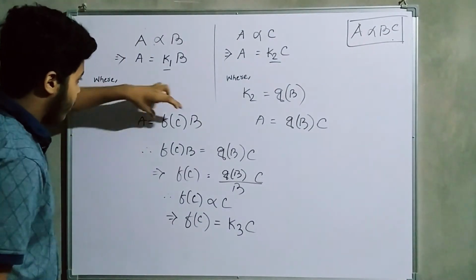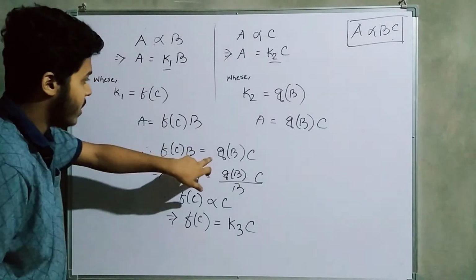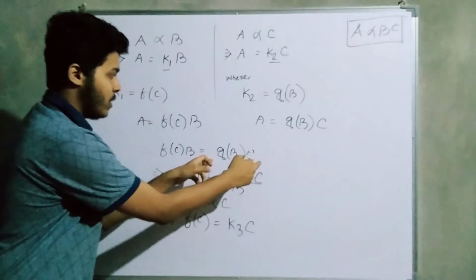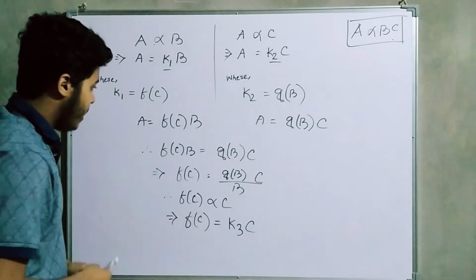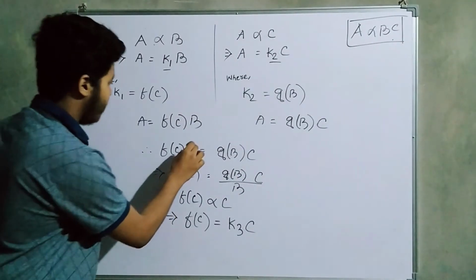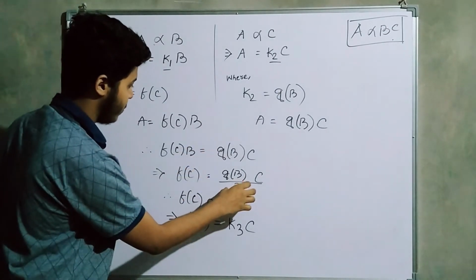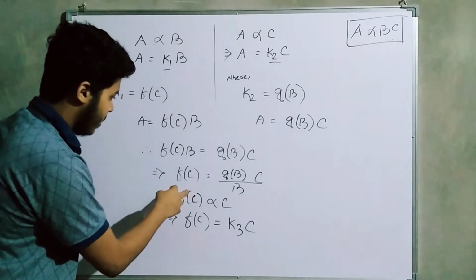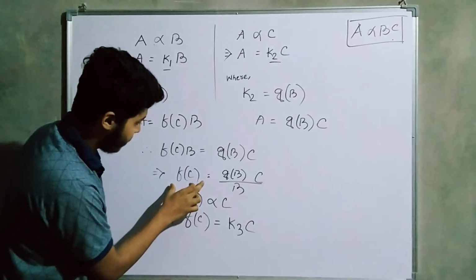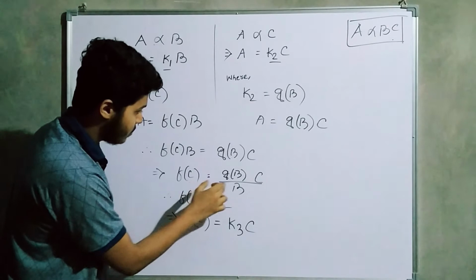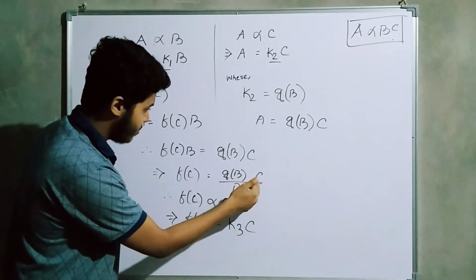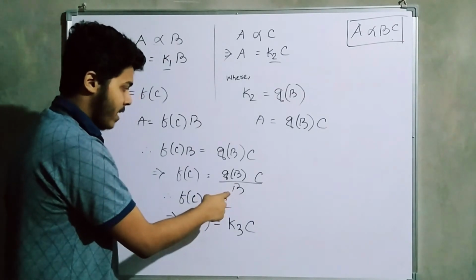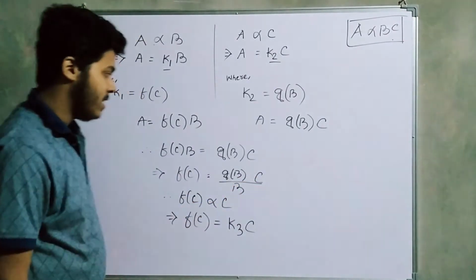Okay, so f of C times B equals G of B times C, because they both are equal to A, so they are also equal to each other. From this, I can take the B to the right side by dividing, and I can see that f of C equals G of B times C divided by B. So it depends on G of B and the quantity C.